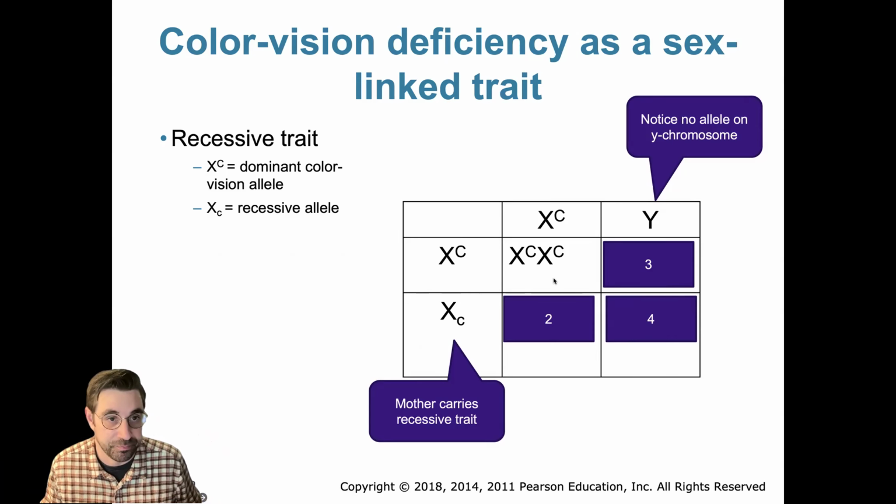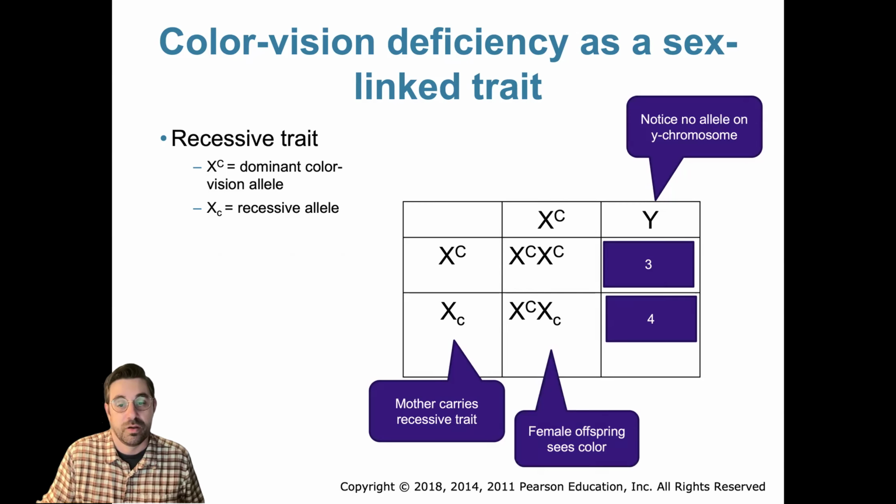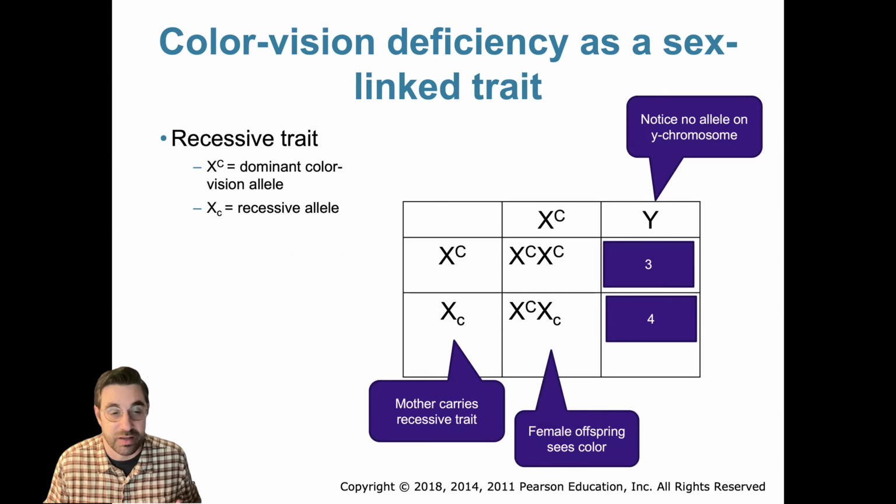She will see in color. This other female offspring would have a dominant and a recessive trait, getting the dominant from the father and the recessive from the mother. She would have no issue seeing the full spectrum of color either.